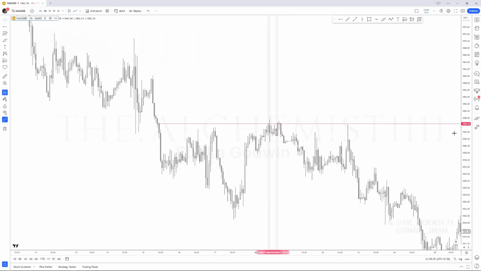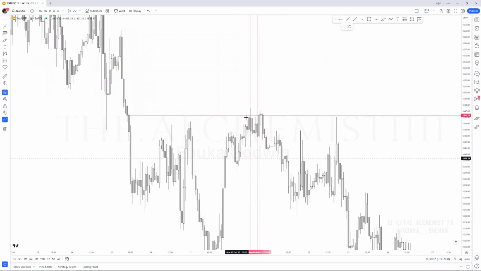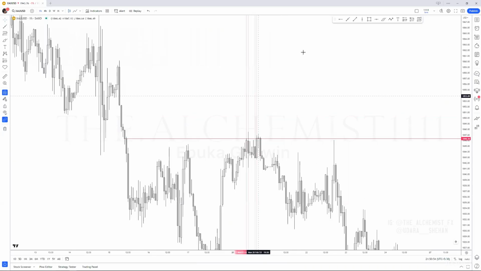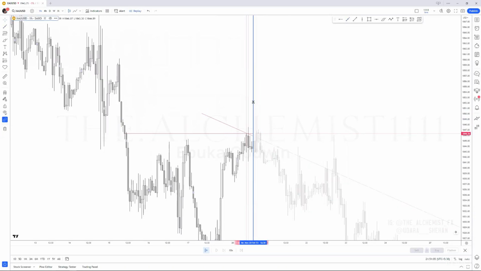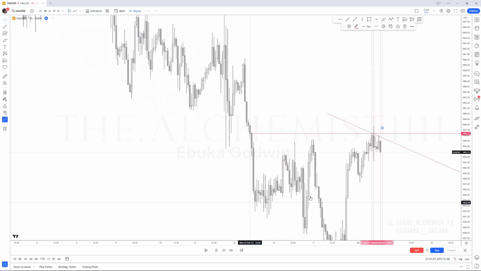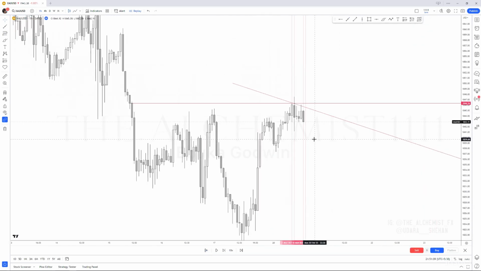Then what you need to do is see if there are any trend lines in line with these key levels at this time of the day. Okay, something like this. So if I put the replay tool here, this is how it should look. When you keep doing this, you will see how all the time, the best moves, the reversals, the continuations, the best setups are always played out at this time of the day.